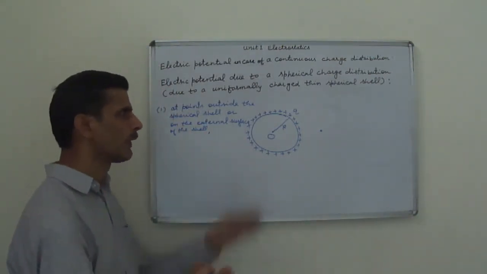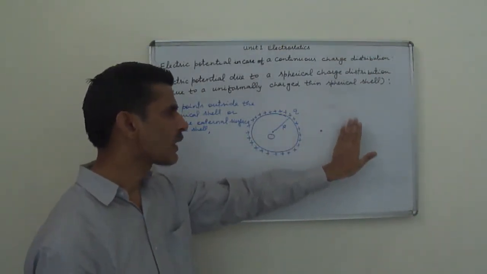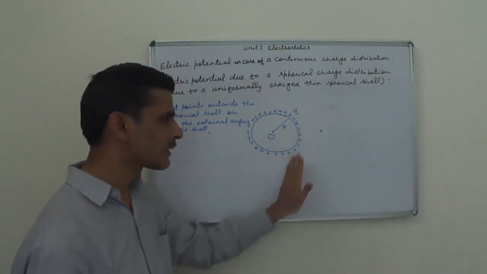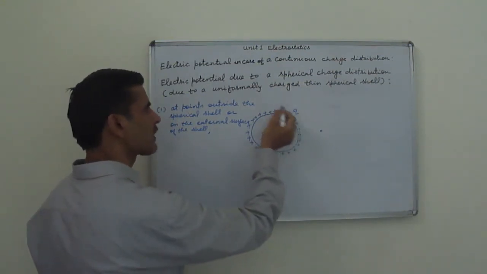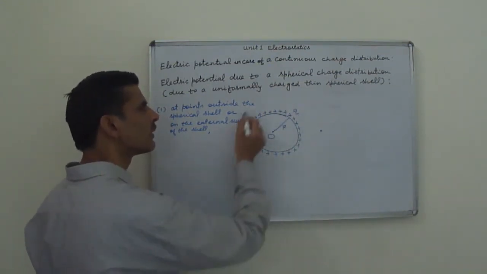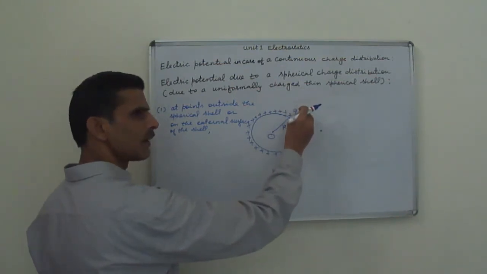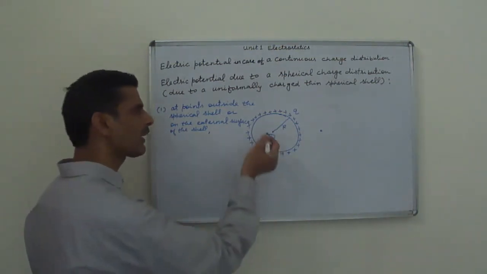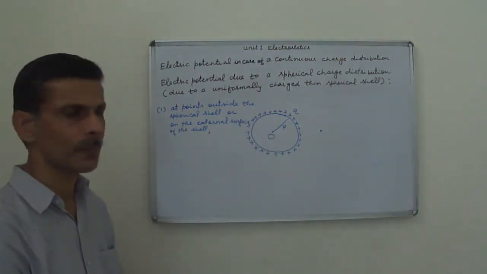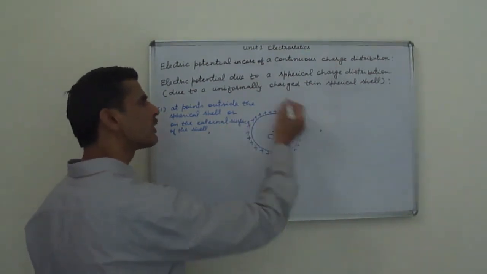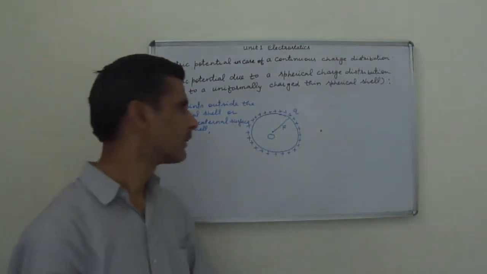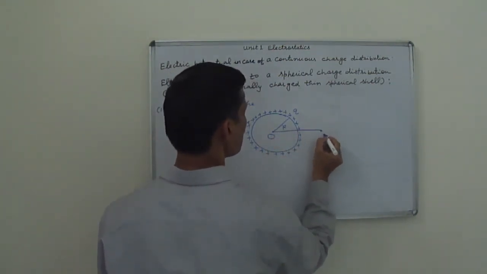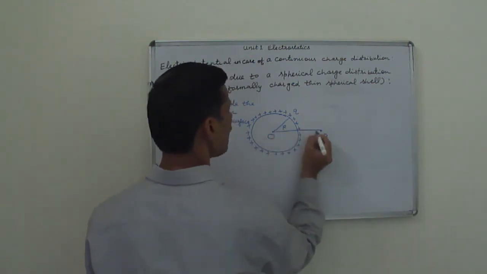You know, for points outside spherical shell or points on external surface, charge of shell can be assumed to be concentrated at its center if charge is uniformly distributed on the shell. So this point is P and distance between O and P is r.